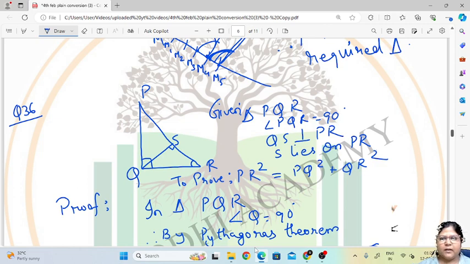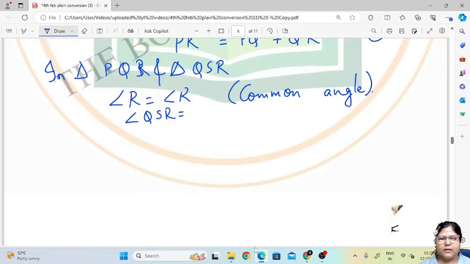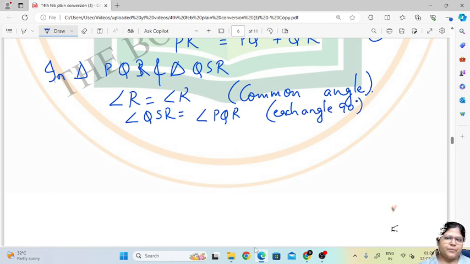Angle QSR equals angle PQR. Bracket each angle 90 degree.